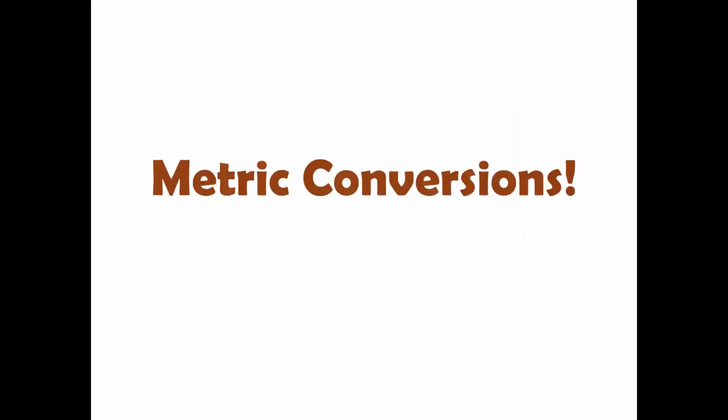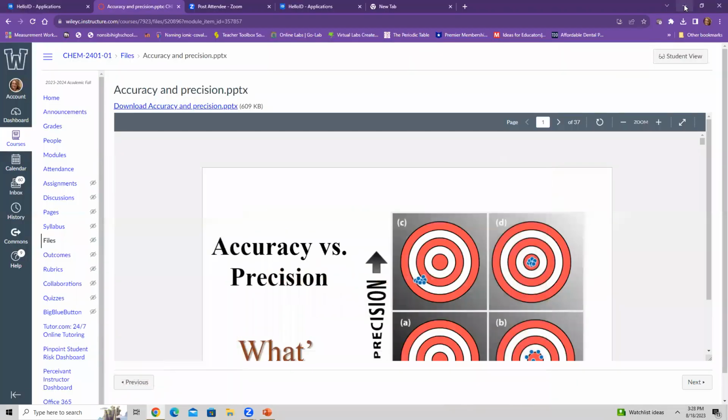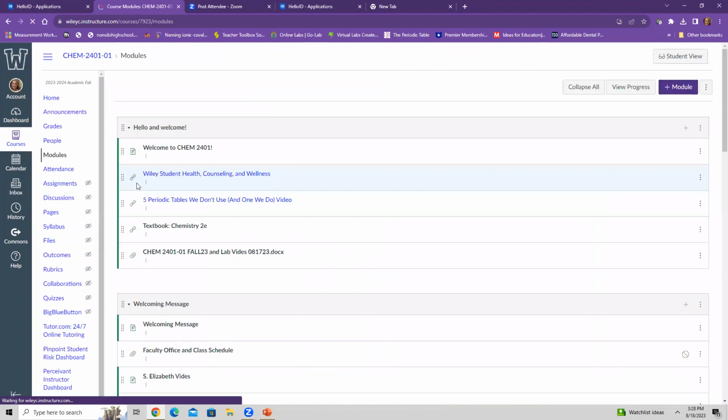Okay, so now we're not going to go into metric conversions today, just going to skip that for now, because we need to learn more about it. So we're going to go back to modules. Let me show you where these are.